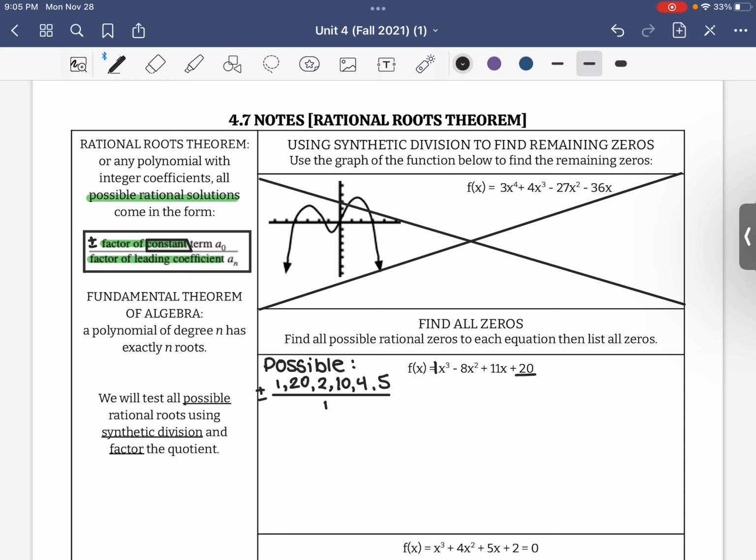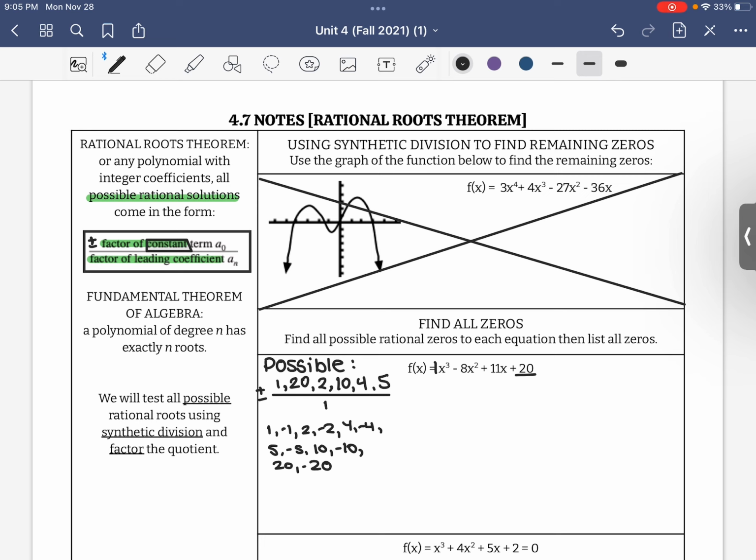So this means my possible zeros are 1 and negative 1, 2 and negative 2, 4 and negative 4, 5 and negative 5, 10 and negative 10, and 20 and negative 20.